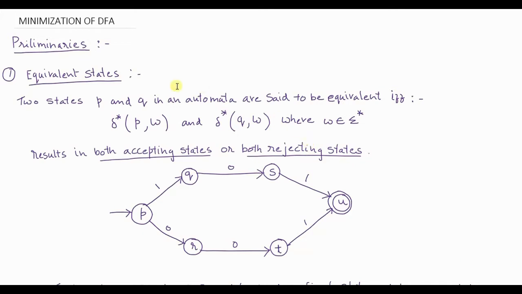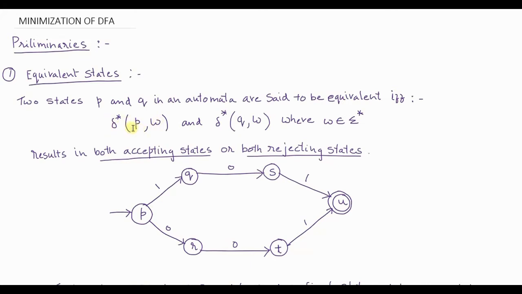What is the meaning of extended transition function? The extended transition function, written as delta star, just tells you, if we are in a particular state P and a particular string W is given as input, after reading this entire string, which state the automaton will be in. That's the meaning of extended transition function.